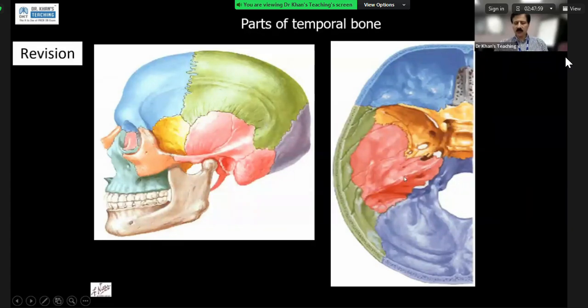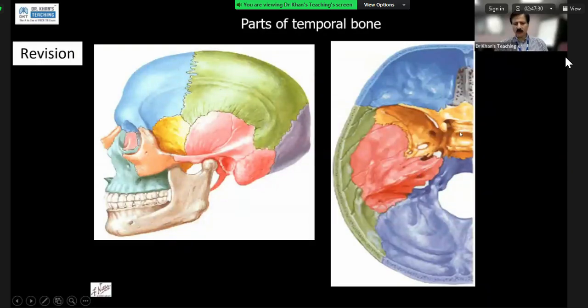Now, the petrous temporal bone has various foramina. Last time we covered them in detail, but the key one is the internal auditory meatus, or internal auditory canal. Then there is the carotid canal, which is inside it, and there is the facial nerve canal, eustachian tube, etc. So we have covered this.